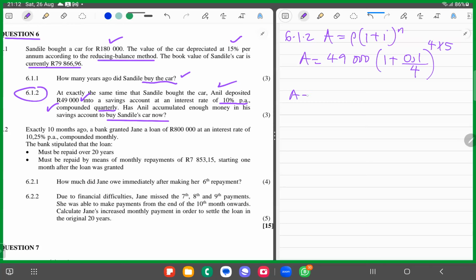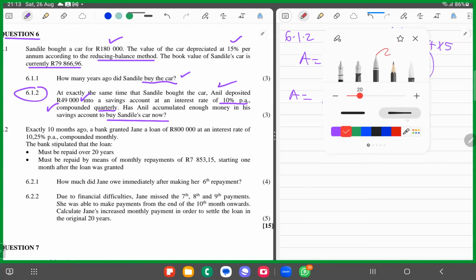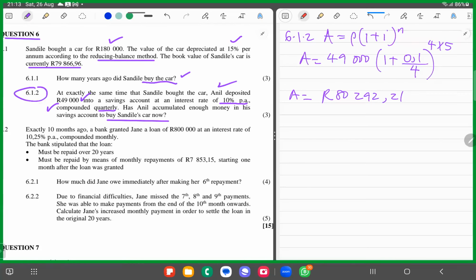So if you use a calculator, we shall see that this will actually be exactly 80,292.21. So what is the meaning of this? Well, we can see that it's 80,000, but currently the car costs 79,000. So with 80,000, you can buy the car.